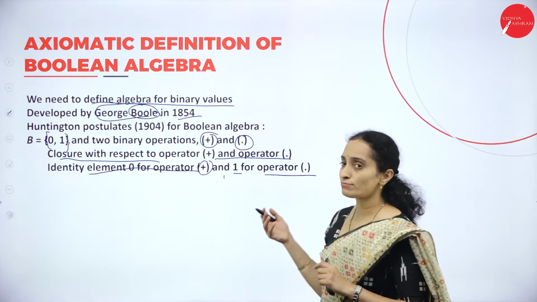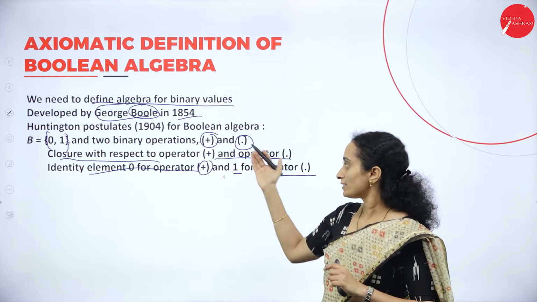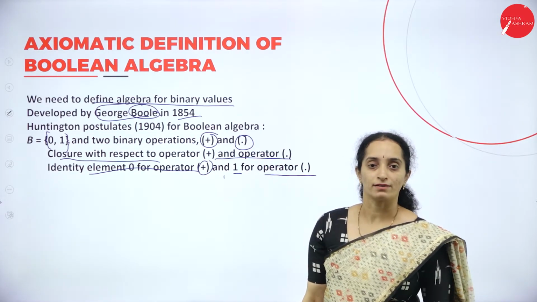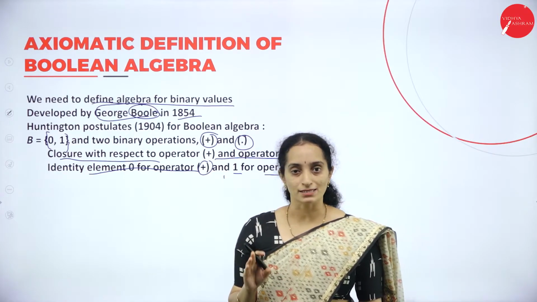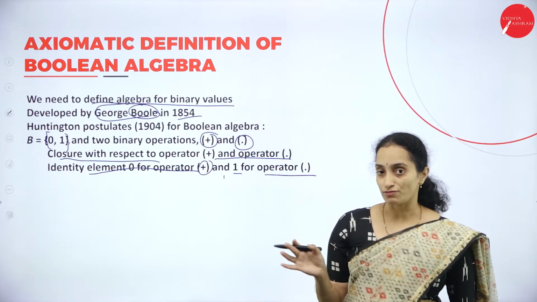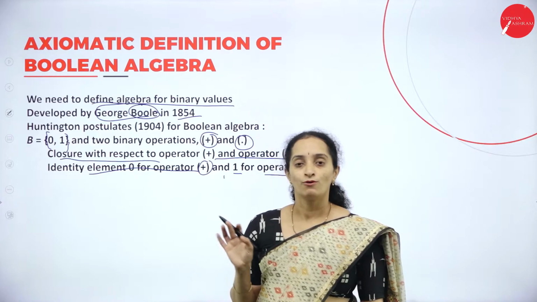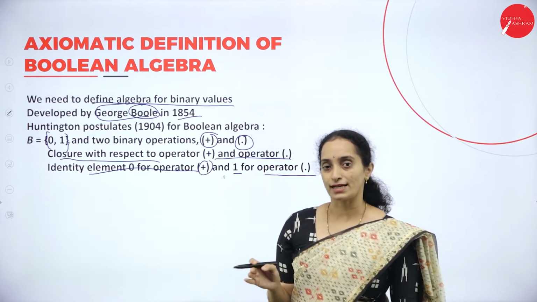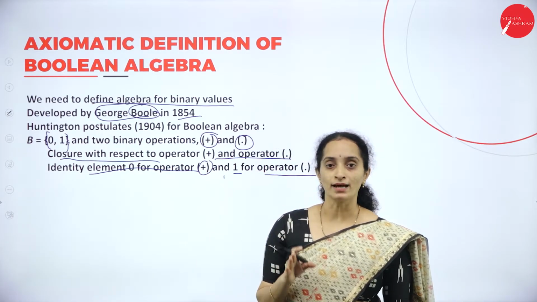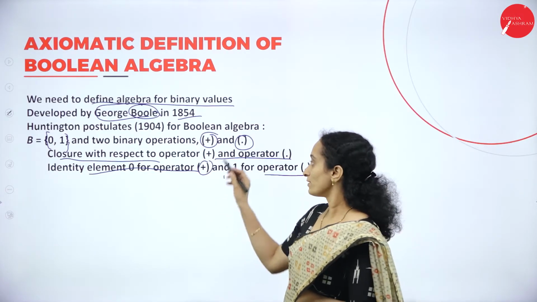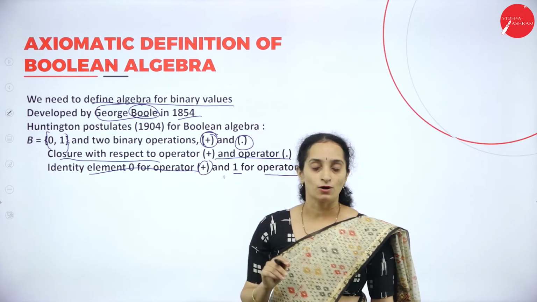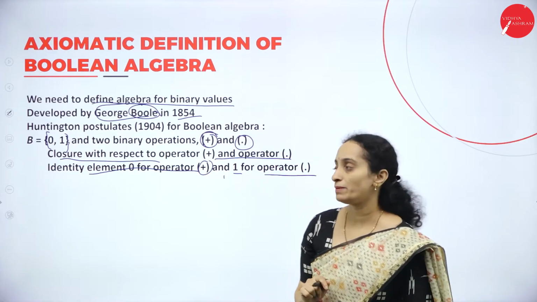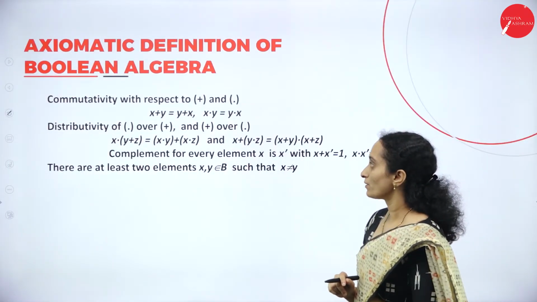Dot can be termed as multiplication. We are not concentrating on minus and division because most of the laws don't hold good for the subtraction operator and the division operator. So we concentrate on the addition operator and the multiplication operator.